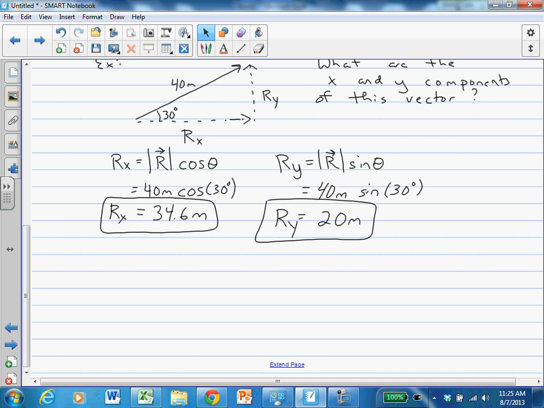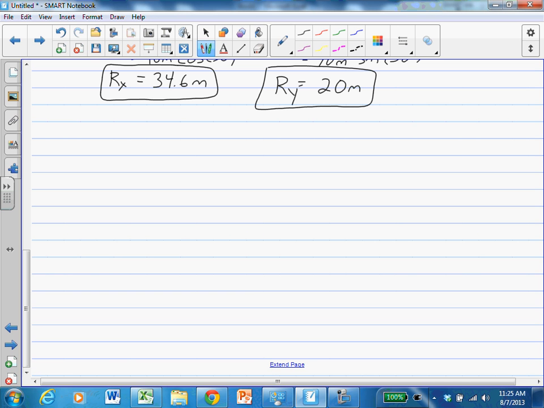Let's look at another example. In this example, let's say we have a vector that has a length of... 220 degrees relative to the x-axis.